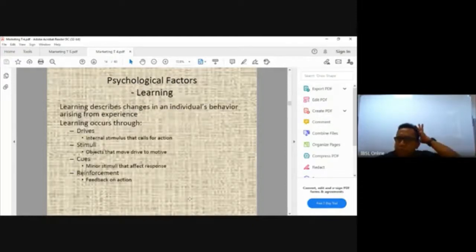The learning, as I said, describes change in individuals' behavior arising from experience. Learning occurs through drives, internal stimuli that cause action; stimuli, objects that move drive to motivate; cues, minor stimuli that affect responses; and reinforcement, feedback on action.